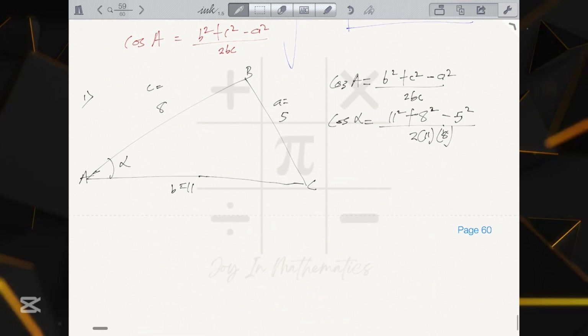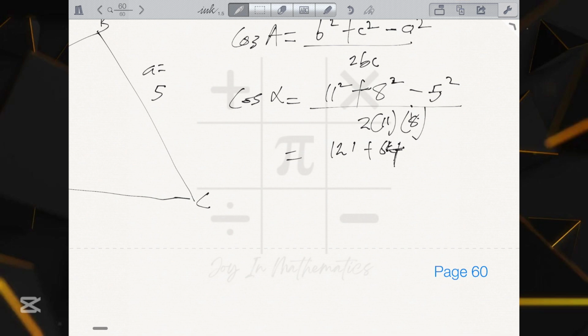So let's make our solution. 11 squared is 121. 8 squared is 64. And 5 squared is 25. 2 multiplied by 11 multiplied by 8 will give us 176.